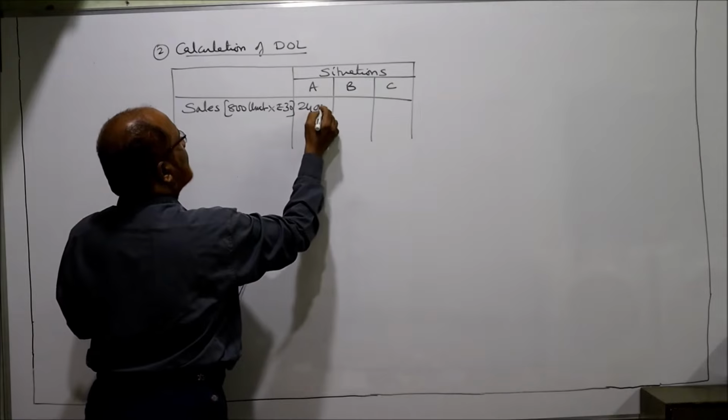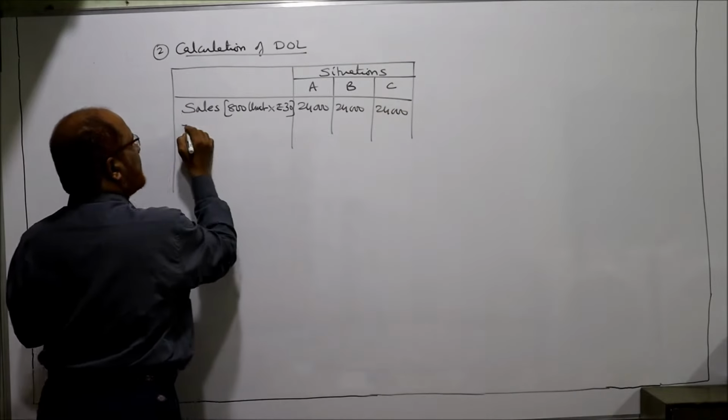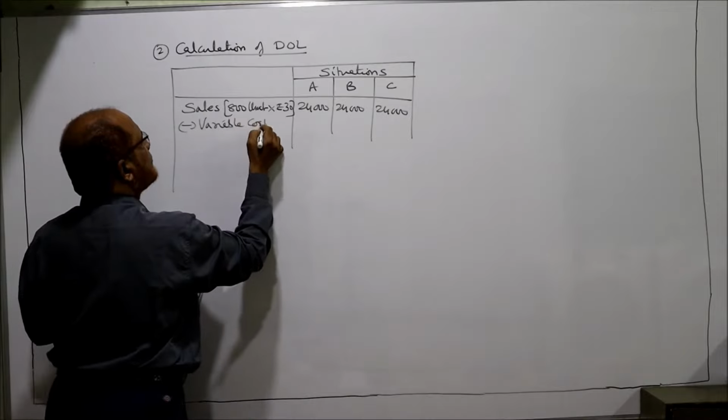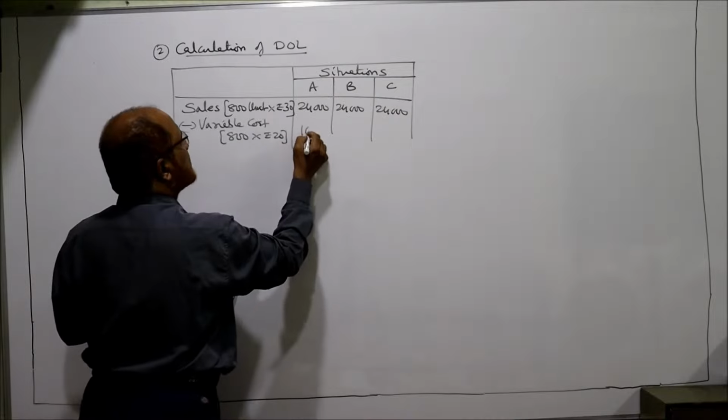So 24,000. From this sales, subtract variable cost. It is 800 units into rupees 20, 16,000.